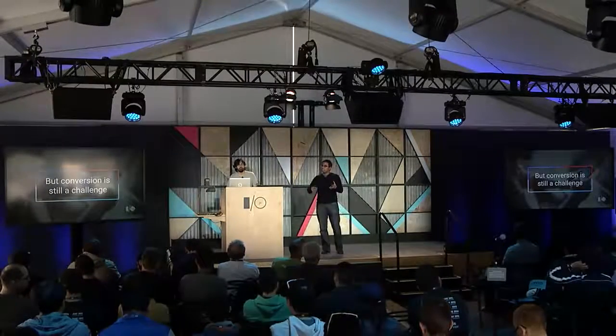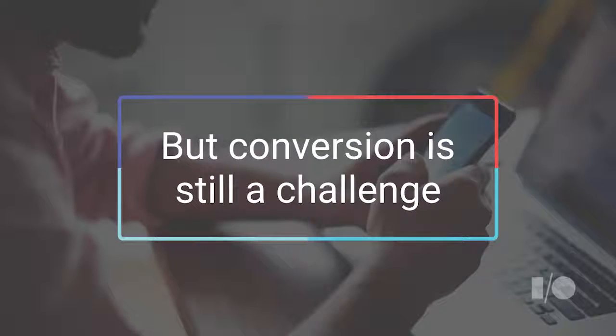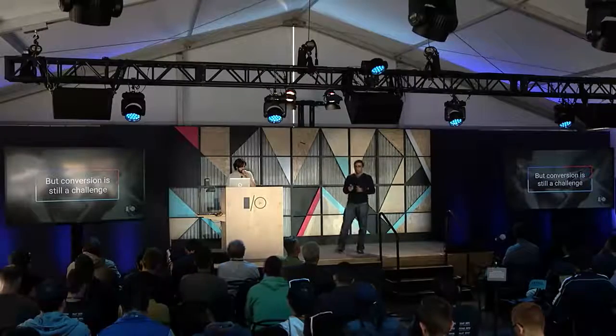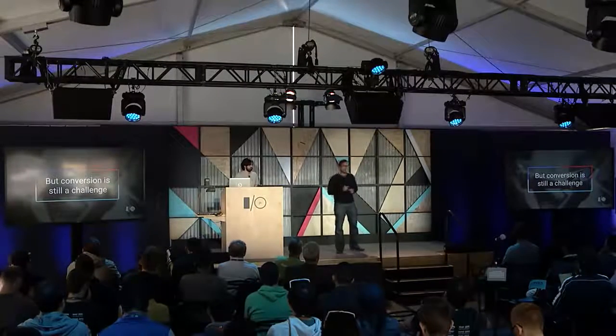So that's the good news, is that a lot of commerce is now happening in apps. But the not so great news is that conversion is still a huge, huge challenge. And if you attended the session today on mobile web and how payment request is solving that, I think the problem is still the same in apps as well.